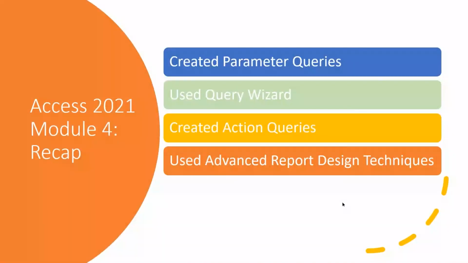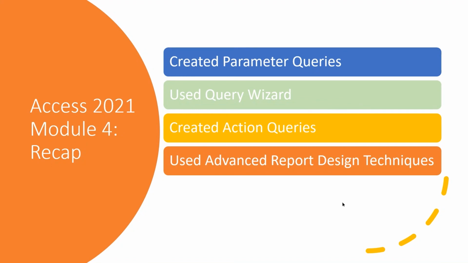In Module 4, we created parameter queries, which gives the end user the ability to define the criteria that's going to show in the query results. We used the query wizard to create a Crosstab query, which kind of looks like a spreadsheet.